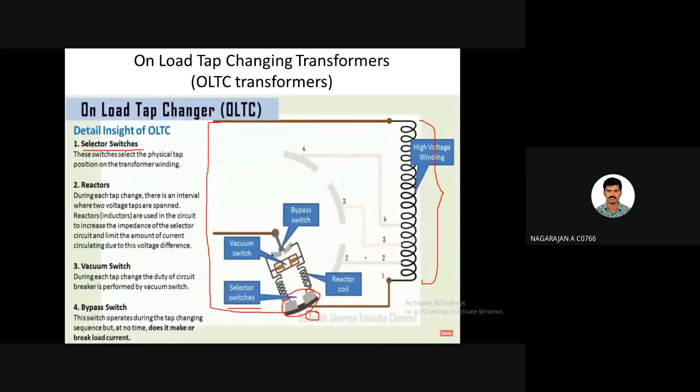Now, I want to reduce this. What I'm going to do is change the selector switch to move to the second position. Okay, now what will happen? This portion of winding will be left, and the circuit is connected from this to this.